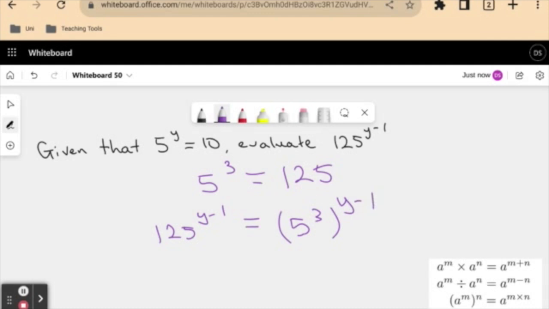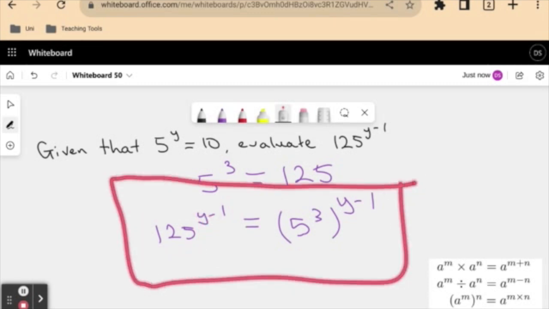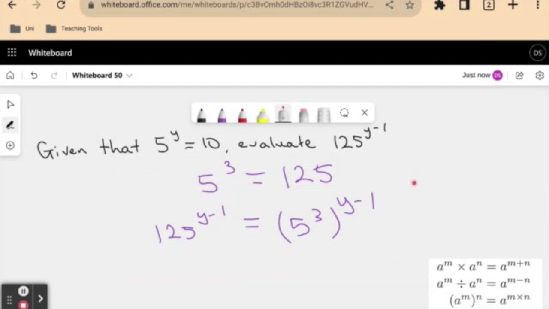That's perfectly valid. All I've just done is write this number differently. But these two terms, left and right, are still equal because 5 cubed equals 125.